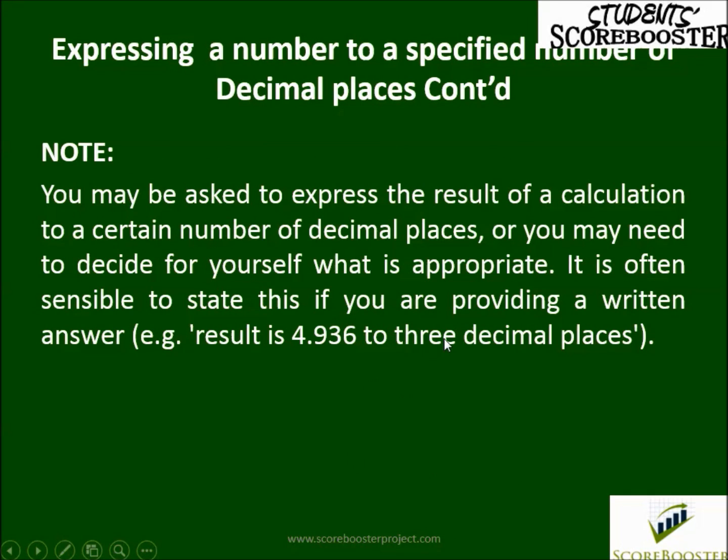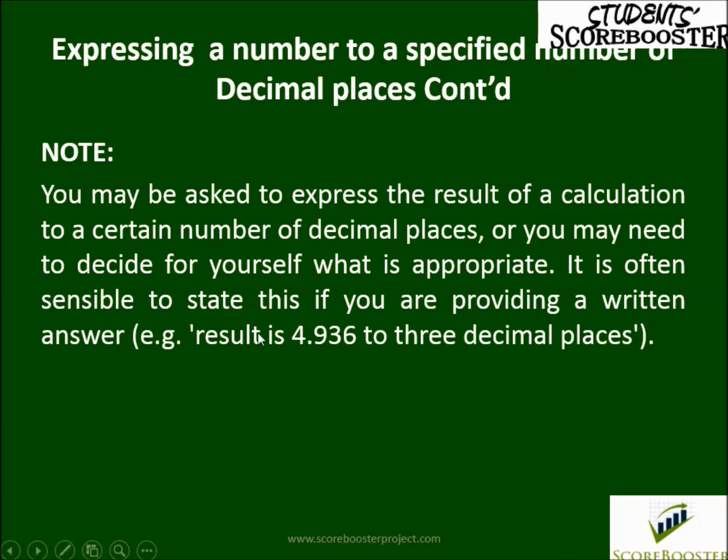You may be asked to express a number to a certain number of decimal places, or you may need to decide for yourself. As in the case of 1/3, you might decide to use 0.333. In that case, you have to state that 0.333 is expressing 1/3 to 3 places of decimal.